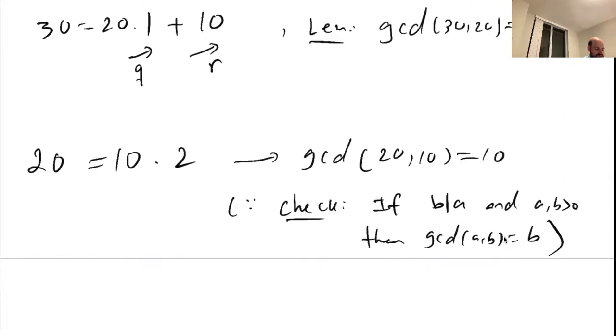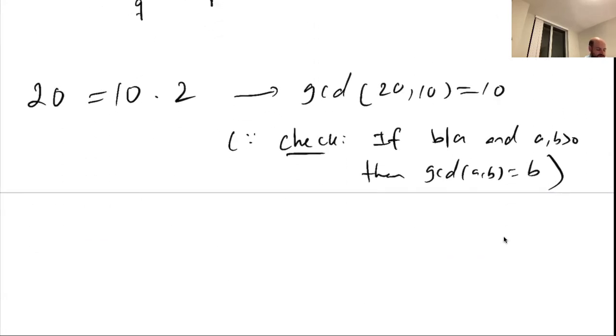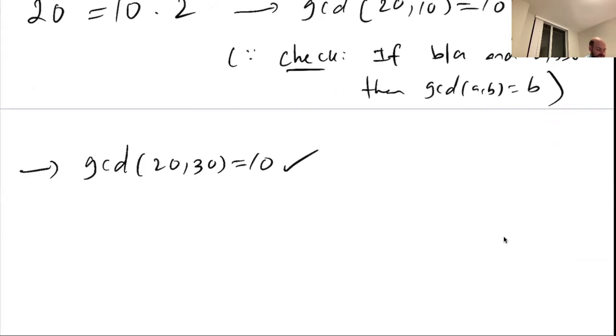Okay, so here is the algorithm. So the GCD is 10, which means that the GCD of 20 and 30 is 10, which is the original GCD you wanted to find. So here is the algorithm to find the GCD.